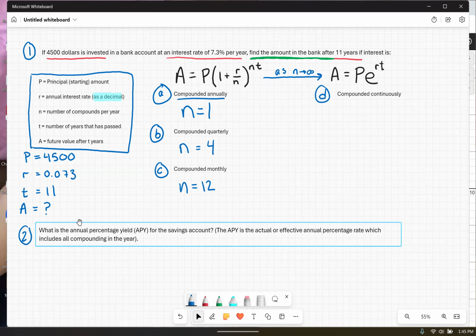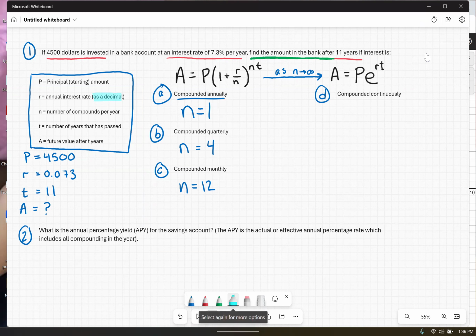So the last one down here deals with another quantity called the annual percentage yield. So the annual percentage yield, this is the actual interest rate that you pay or earn over the course of a year. So obviously, these different accounts have different interest rates if you consider the starting amount and the ending amount.